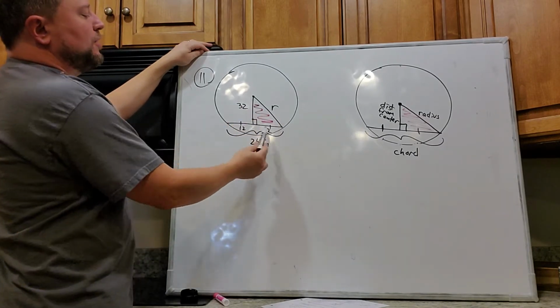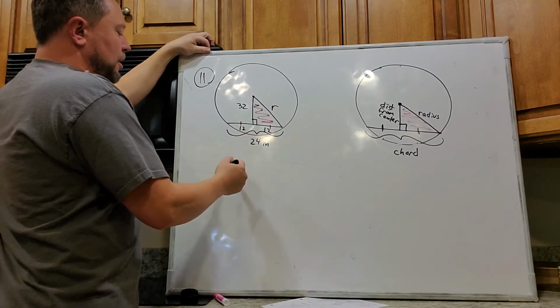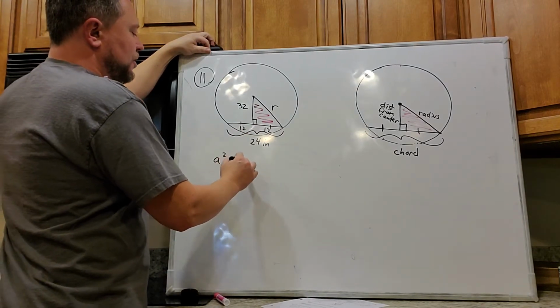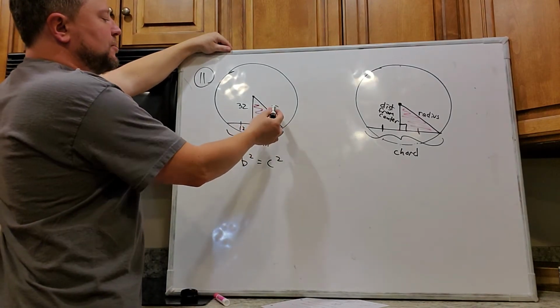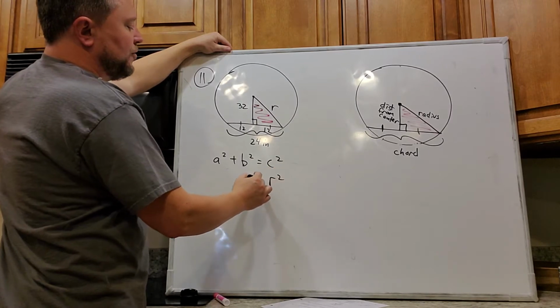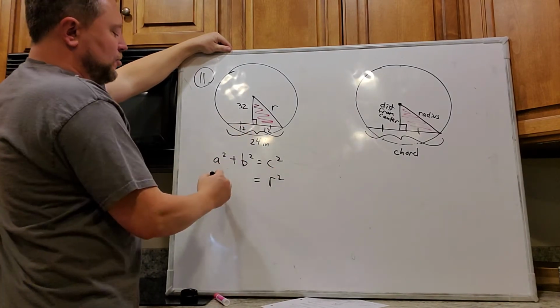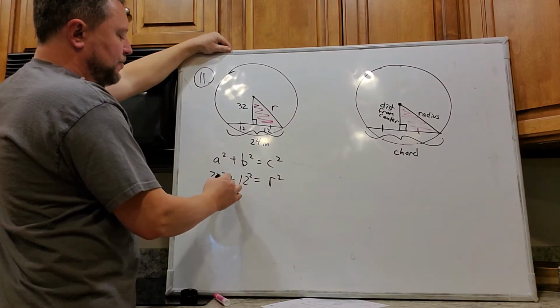Because this triangle only uses that half over there, that 12. Okay, so in the Pythagorean theorem, a squared plus b squared equals c squared. I'm going to put in the radius, since it's across from the right angle. It's our hypotenuse. I'm going to put that in for the c. 32 and 12 go in for these, the two legs.